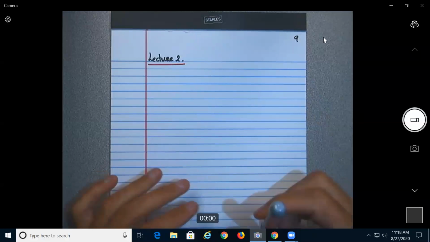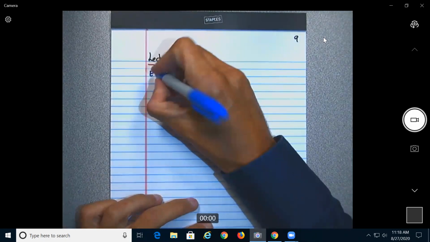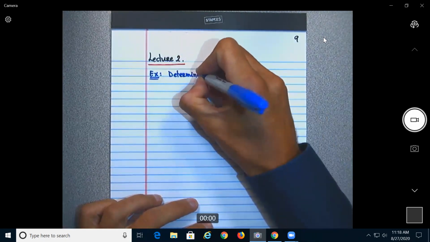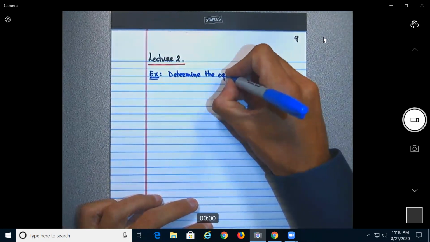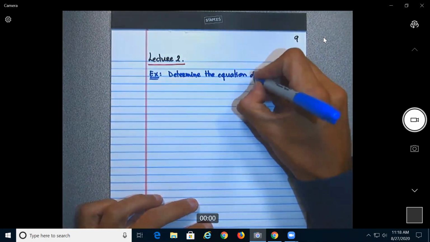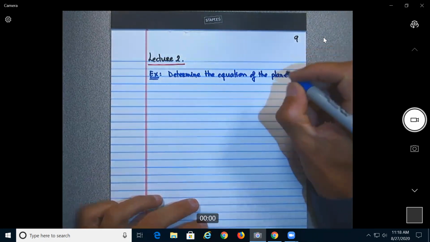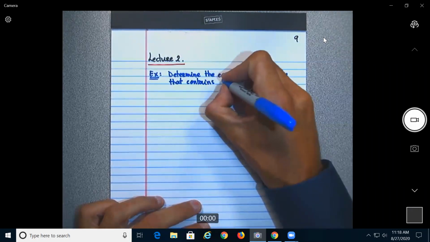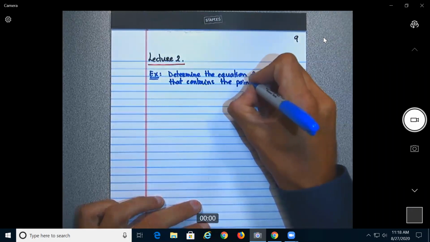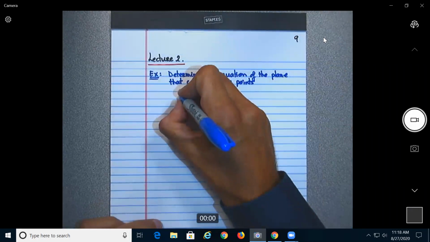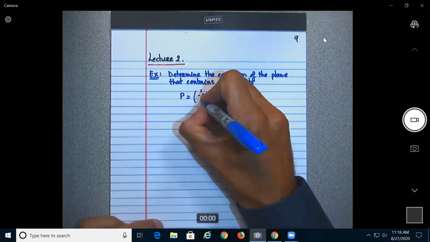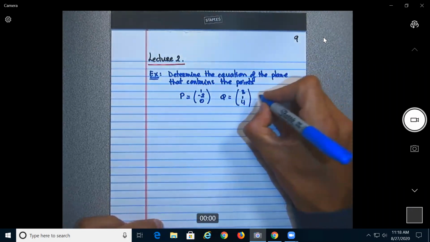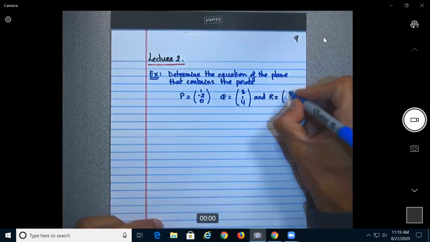Okay, so we're going to do a problem, which is, for example, to determine the equation of the plane that contains the 3 points: P equal to (1, -2, 0), Q (3, 1, 4), and R (0, -1, 2).